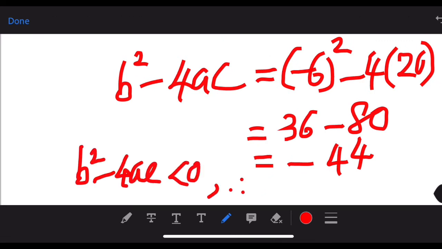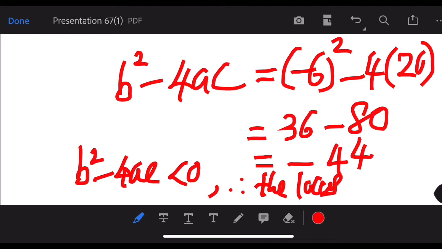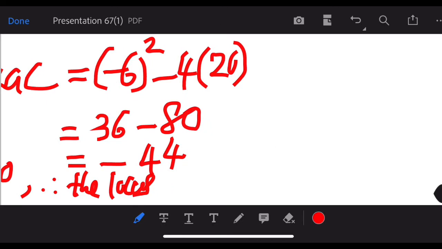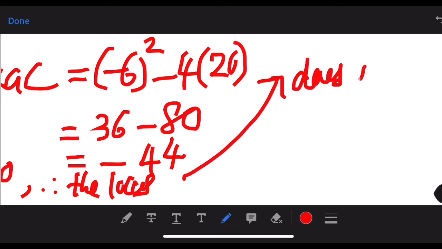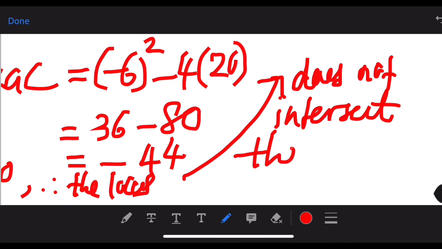hence, the locus does not intersect the x-axis. Alright, that is how you show it.